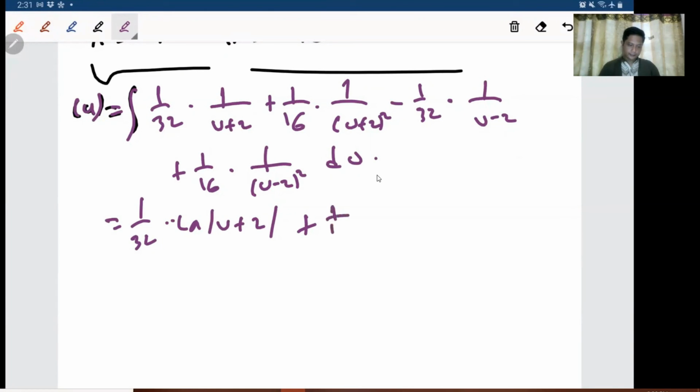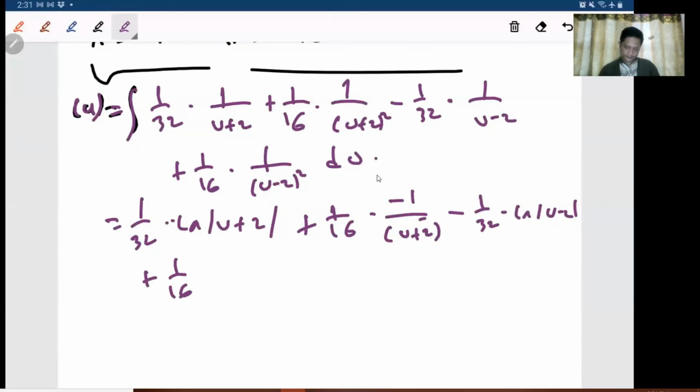Because this one is minus 2 plus 1, it is minus 1. I have minus 1 here and u plus 2 here. The power increased by 1, so minus 2 becomes minus 1. And this one is also the same as the first term. So I have 1 over 32 times ln of u minus 2. And the last one is 1 over 16. This one is like the second one.